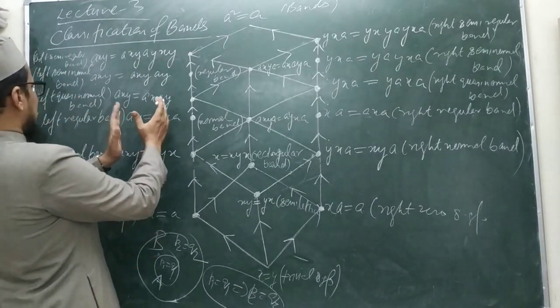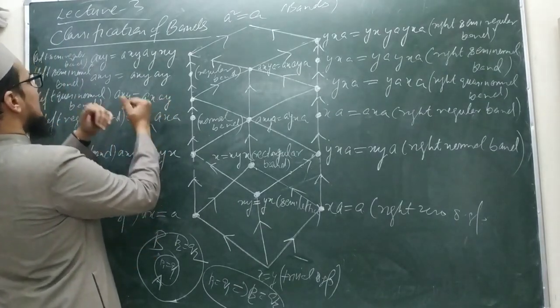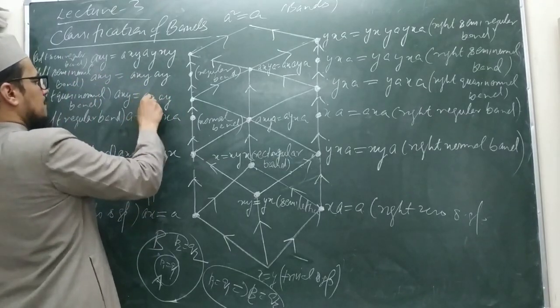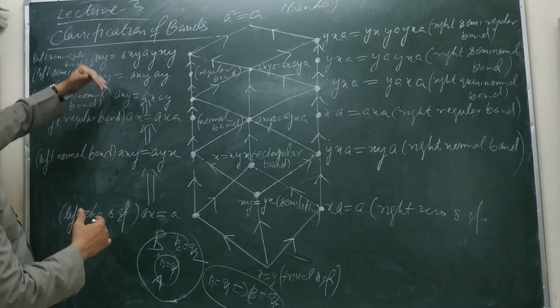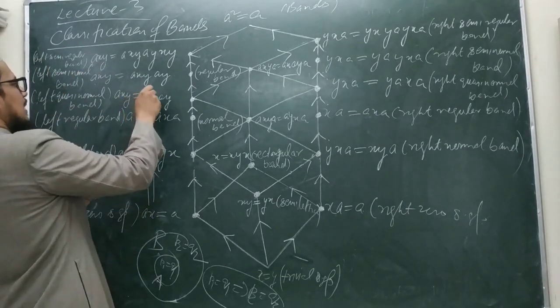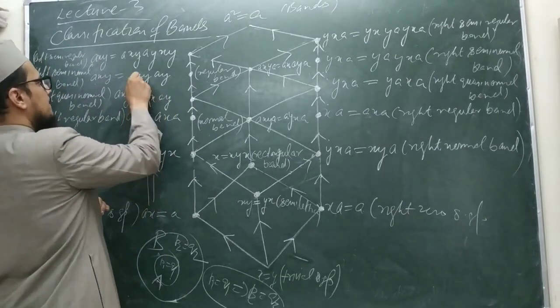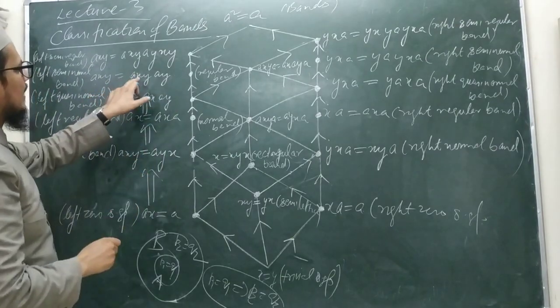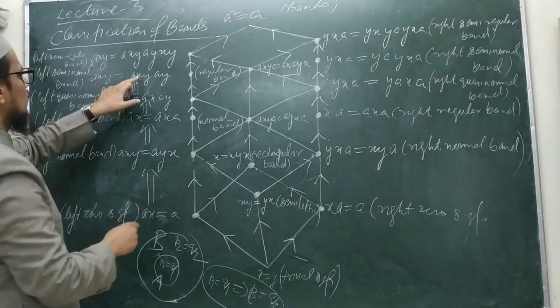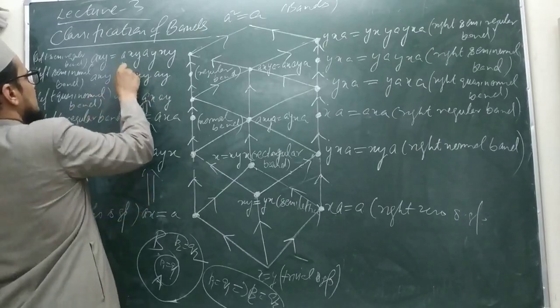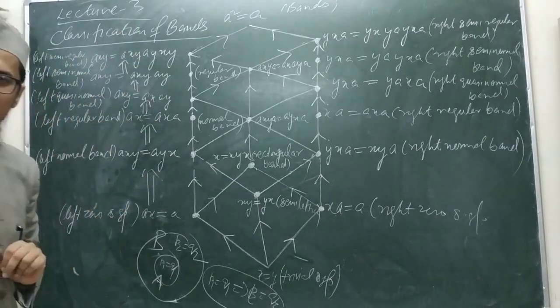If you are saying that left regular band is contained in left quasi-normal band, it means that this identity implies this. If you are saying that left quasi-normal band is contained in left semi-normal band, it means that AXY equal to AXAY implies AXY equal to AXYAY. In a similar way, AXY equal to AXYAY implies this identity.